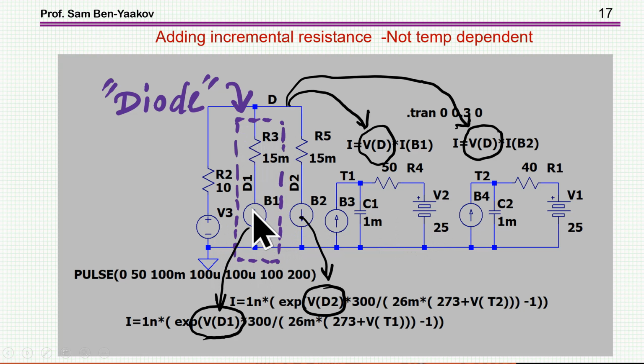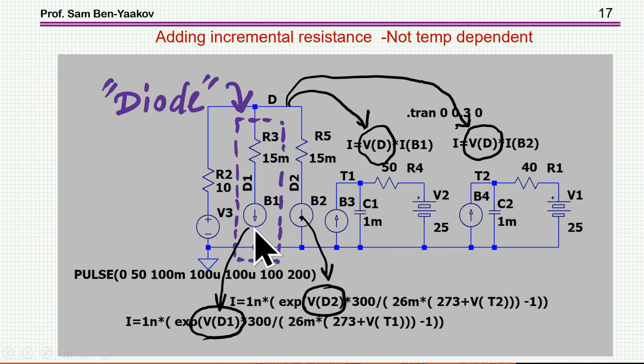The equation of the diode is this part, the current source, but the dissipation for the thermal part now includes the 15 milliohm. So this will be an improved model of the diode, including the internal or dynamic resistance or incremental resistance.